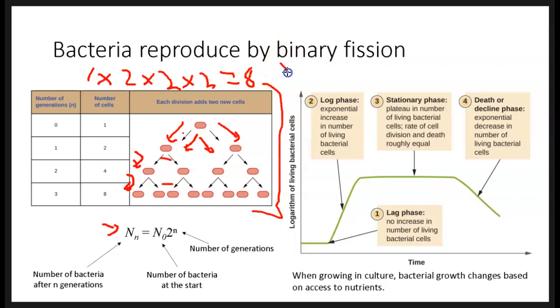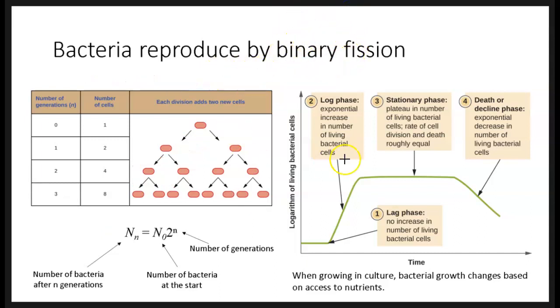We can just rewrite that as 1 times 2 to the 3 generations that we just doubled. Because 1 bacteria after 20 minutes goes to 2 bacteria, and then 2 bacteria after another 20 minutes goes to 4, the number of bacteria can increase rather quickly.